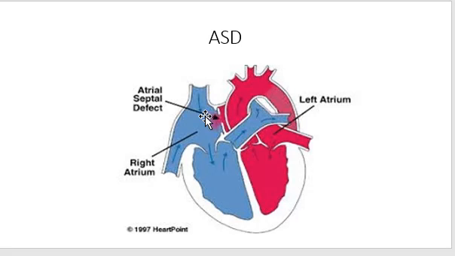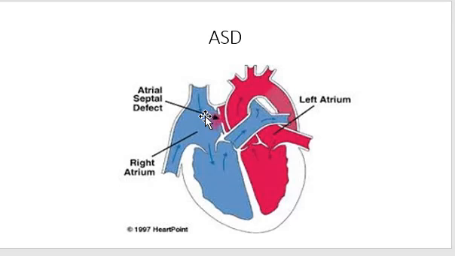So it's not a cyanotic heart defect, it's an acyanotic heart defect, meaning that you will not see signs of cyanosis like blue fingertips and blue areas around the mouth, things that indicate decreased oxygen going out to the systemic circulation from the left heart.